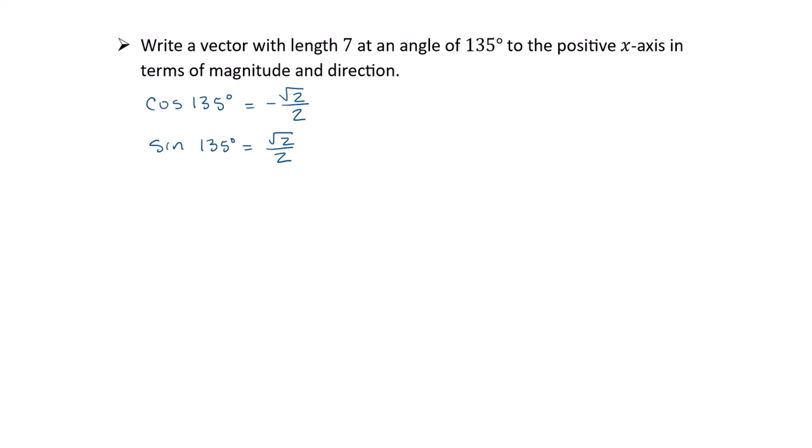We've been given that the length is 7. This means the magnitude of vector v is 7. So now we have everything we need to put this together.